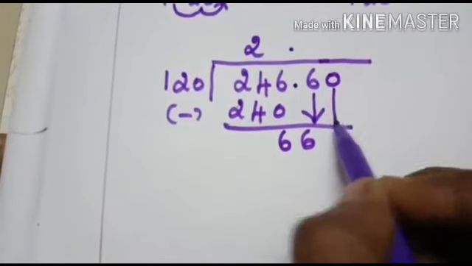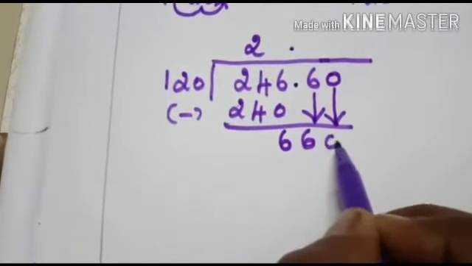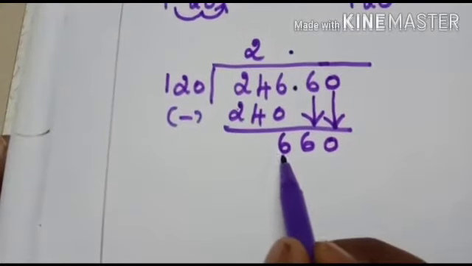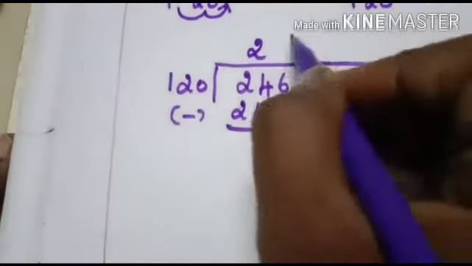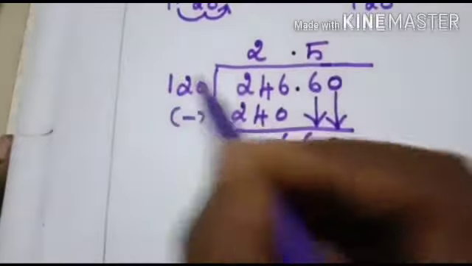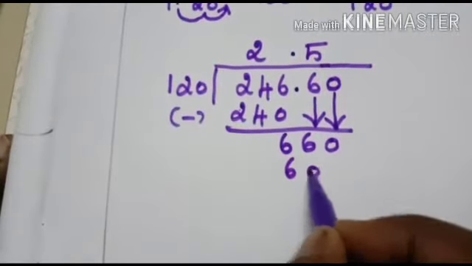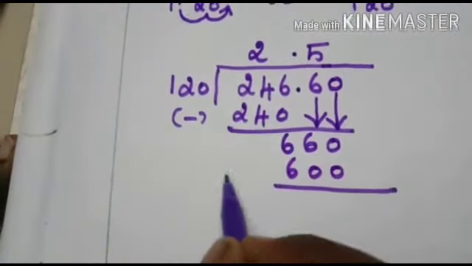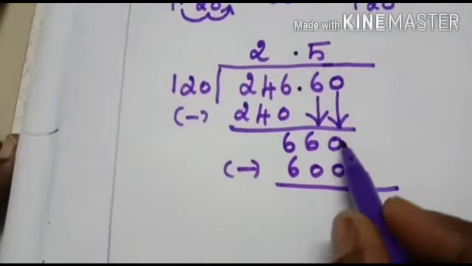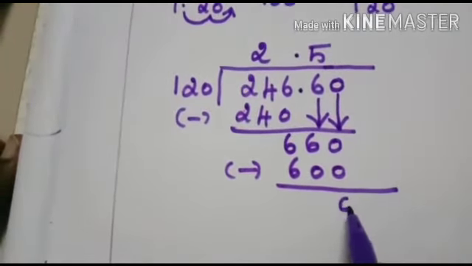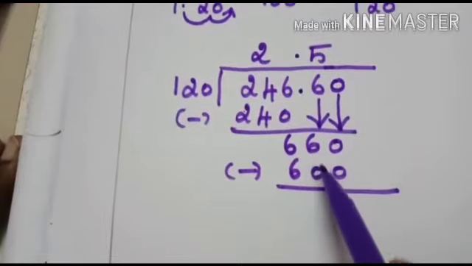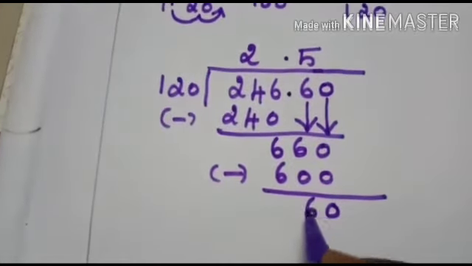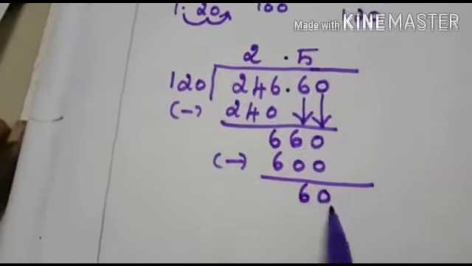Next we drop down the number 0 here. Now the number is 660. 5 times 120 is equal to 600. Then we subtract: 0 minus 0 is equal to 0, and 6 minus 0 is equal to 6, and now the number is 60.